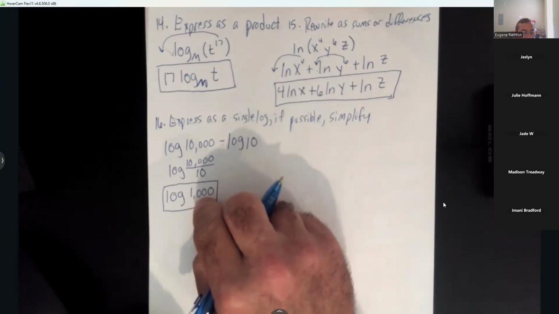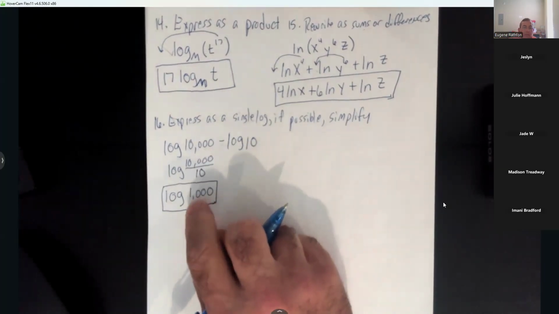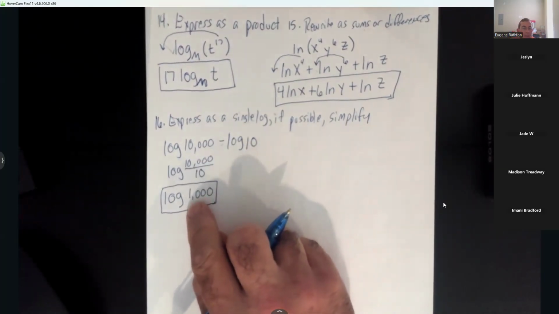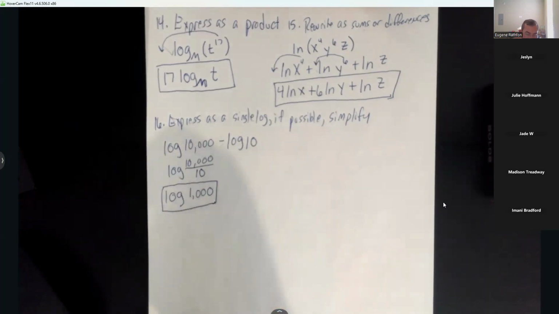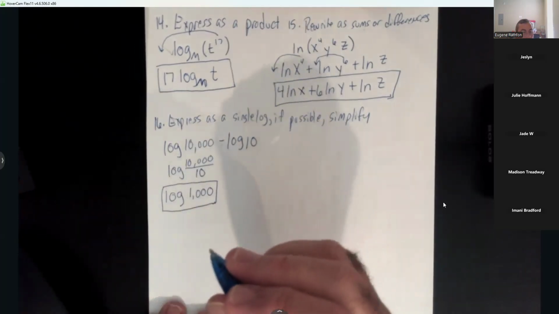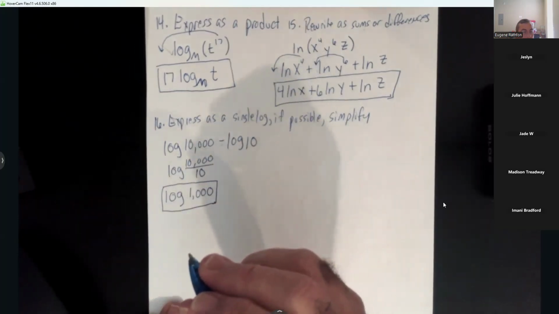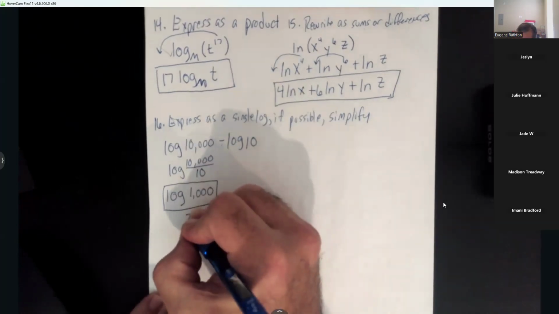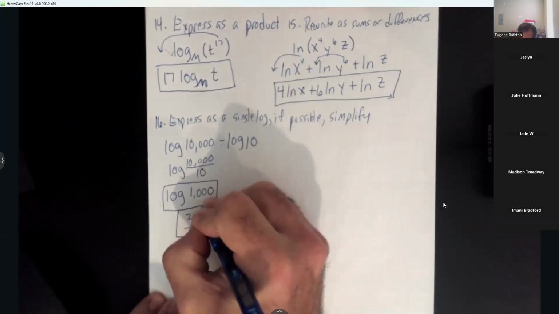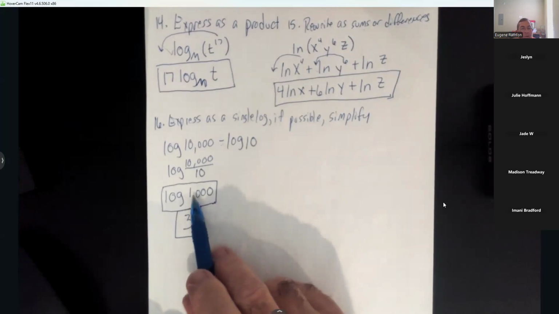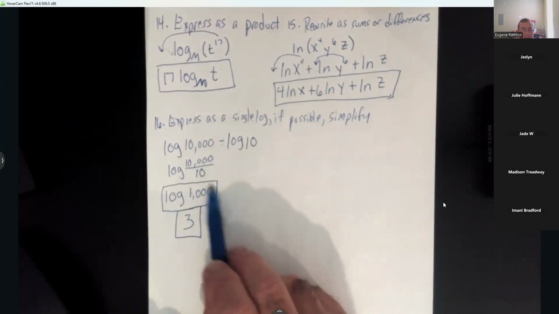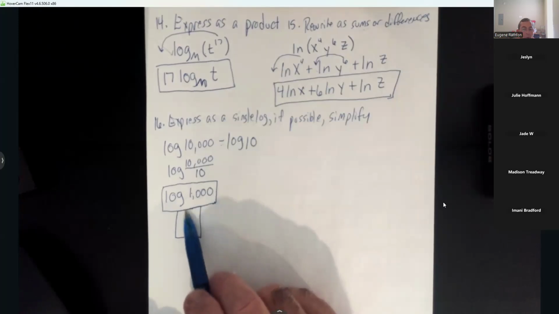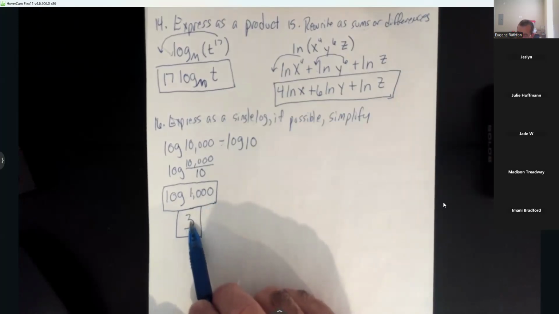But this one simplifies further. So y'all punch this on your calculator and tell me, what does a log of 1,000 further simplify to? 3, perfect. So this number 16 has two answer blanks, once for the simplified logarithm and then once for the simplified answer, okay?